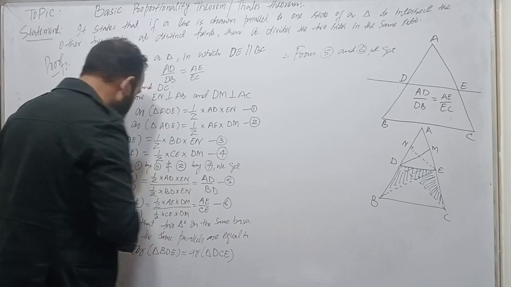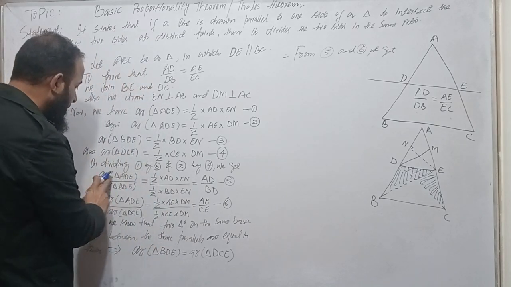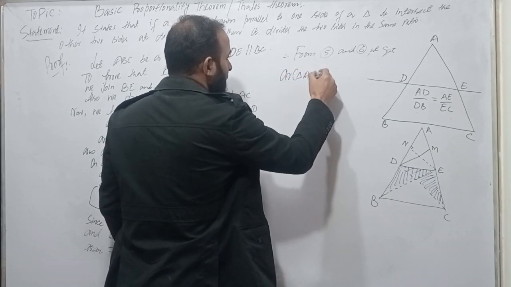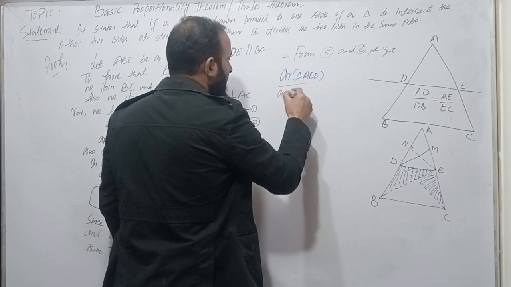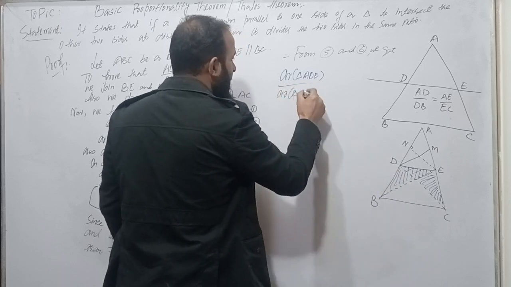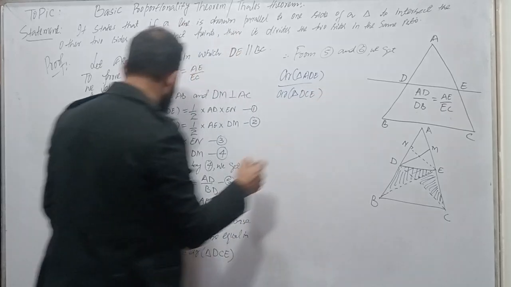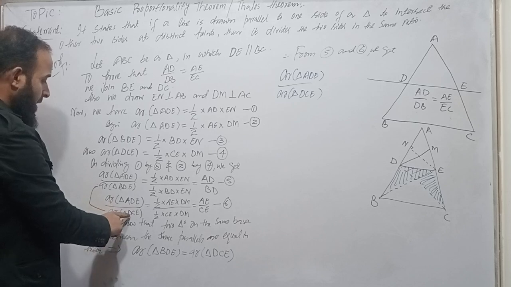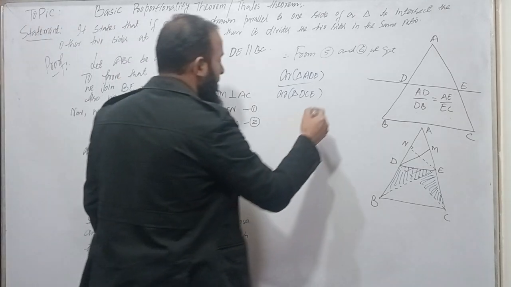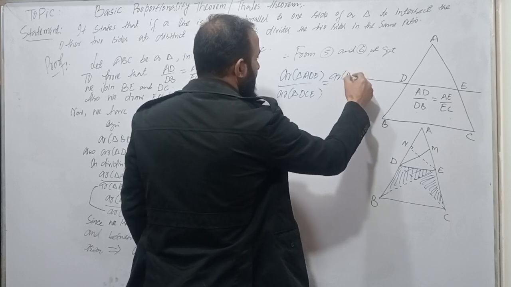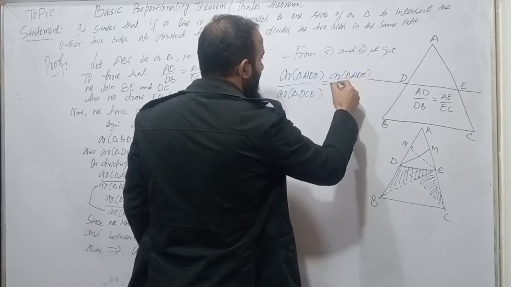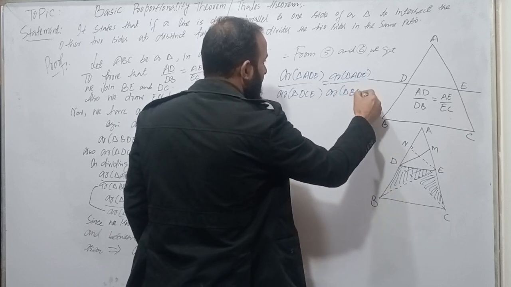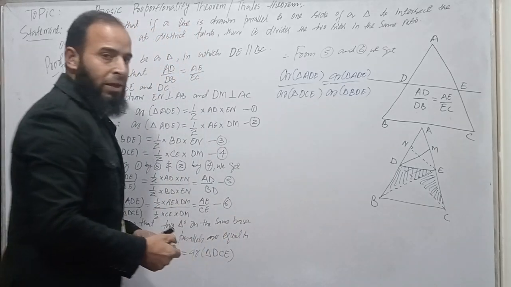We will get from fifth and sixth that area of triangle ADE over area of triangle DCE is equal to area of triangle ADE over area of triangle BDE. These two will be equal.